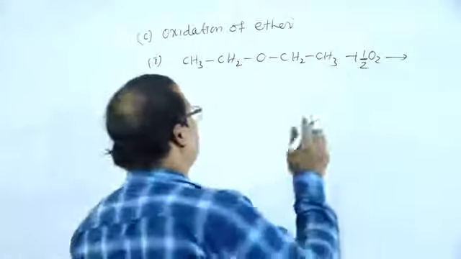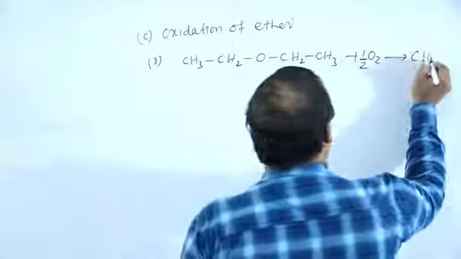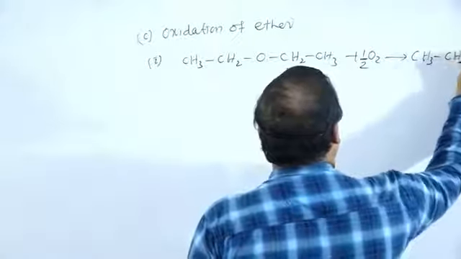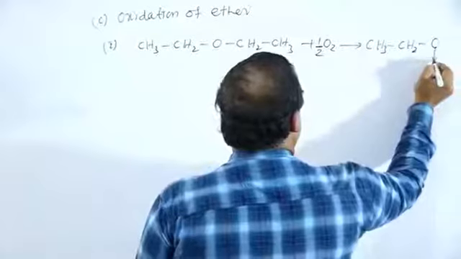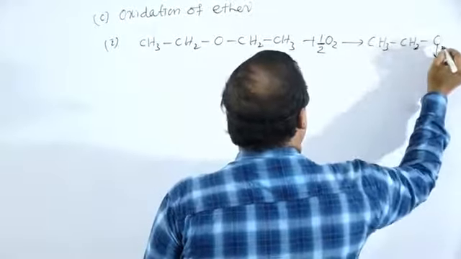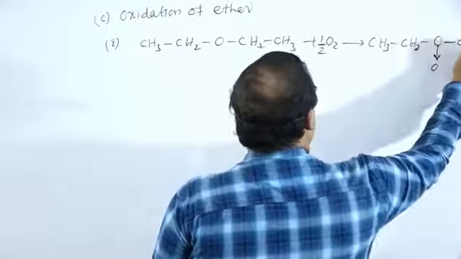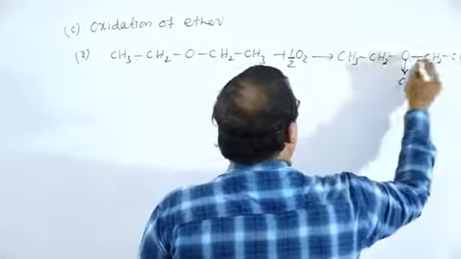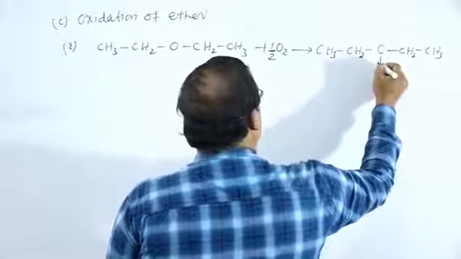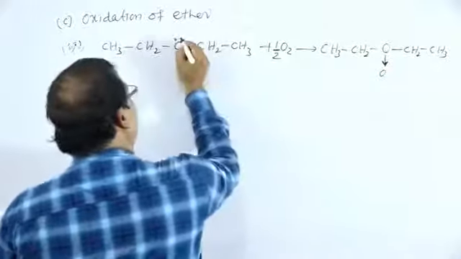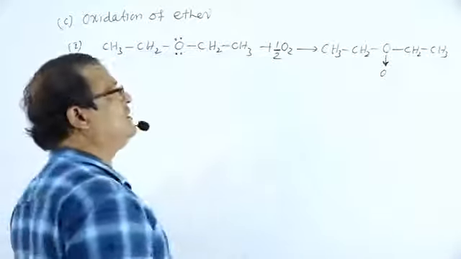So what will be the product? CH3CH2, O, the coordinate covalent or dative bond, O, CH2CH3. There is the formation of a coordinate covalent bond because this oxygen atom contains a lone pair of electrons.